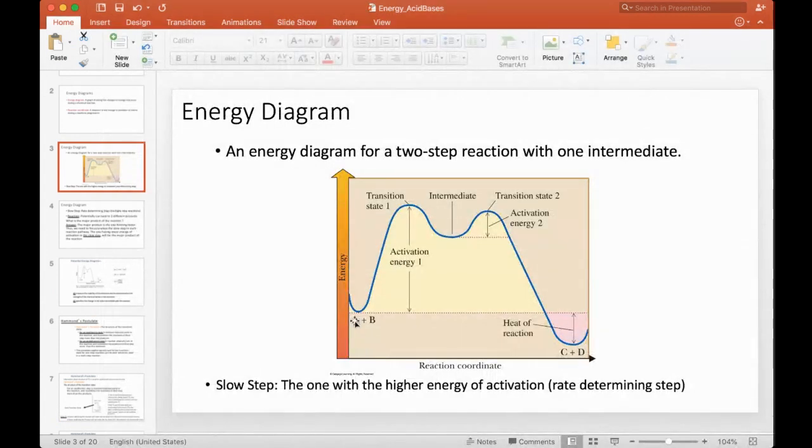Now, in order for A and B to get into C and D, there is a first step in which an intermediate is formed. Let's call this C. So the reaction first goes through A and B transforming into C, and then C is being transformed into C and D. I mean, we can call this whatever you want, okay?